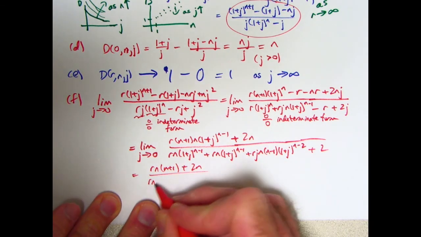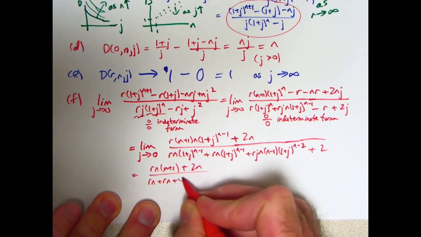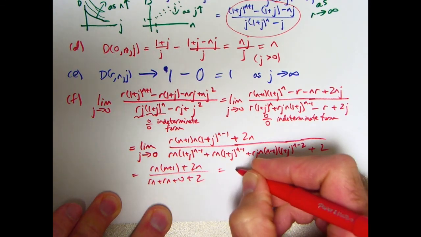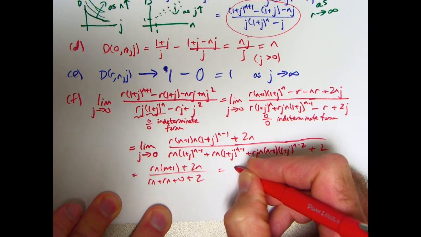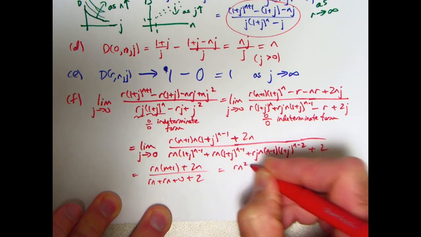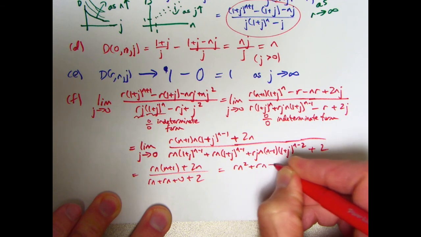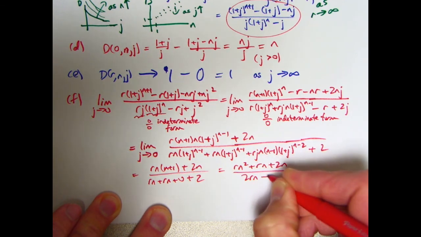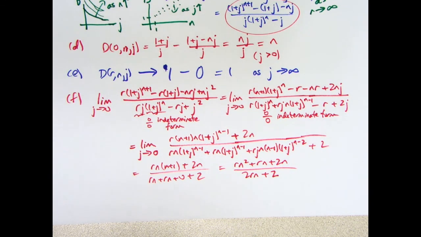We get rn plus 0 plus 2. In the end, we could write our answer as rn squared plus rn plus 2n divided by 2rn plus 2. And that is the correct answer.